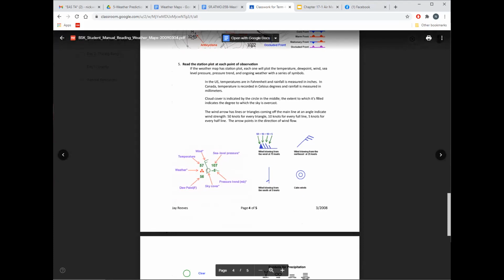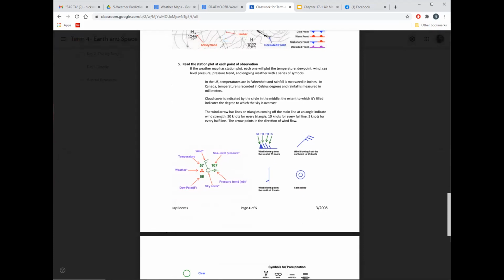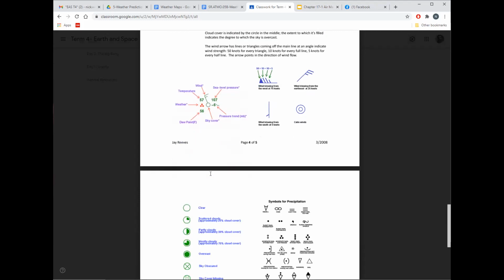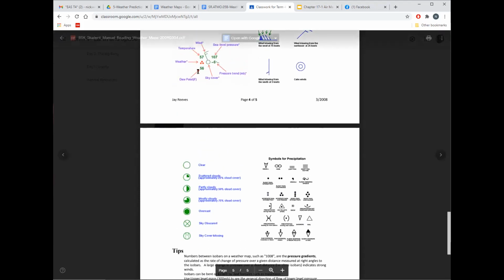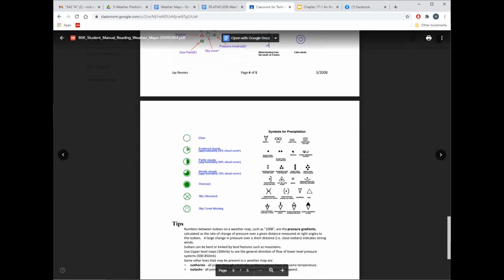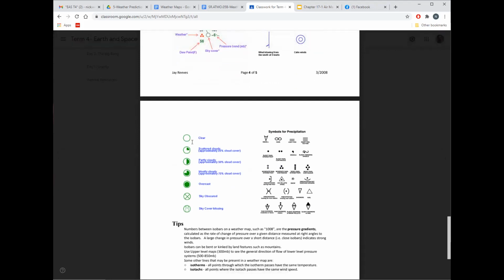So the weather station is shown in the center. And the center circle is actually going to show you what the sky looks like. If we look on the next page and scroll down a little bit, this is what the center of that station can look like. It can have nothing filled in, which means clear skies. It can have a quarter of it filled in, and this is scattered clouds, approximately 25% cloud cover.